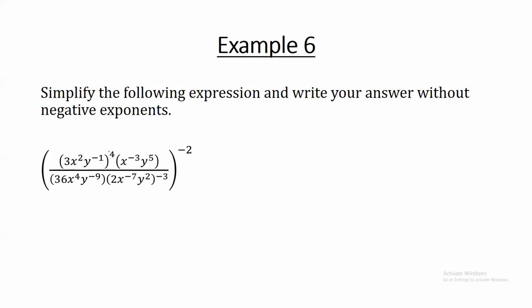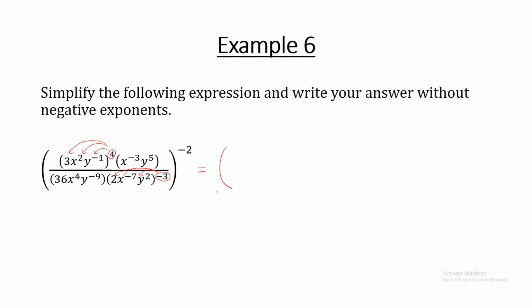So the first thing that we're going to do is, you see this exponent on the top and this exponent on the bottom. Those can be distributed very easily, right? We can do this distributing.